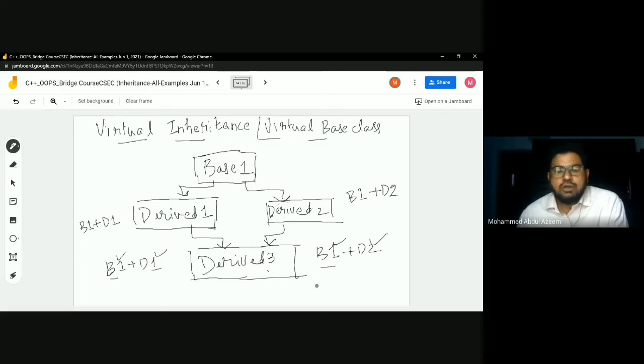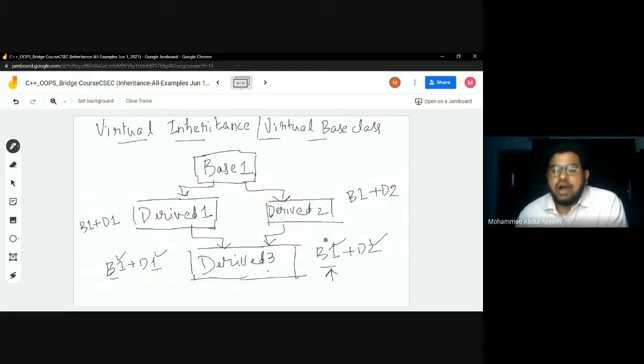If I have 2 copies of the same, it may be treated differently by the system and may lead to some kind of discrepancies while we are executing the same. So I need to remove one of these copies, right? One is enough for me. Base 1 properties have been inherited here with 2 copies, one coming from Derive 1 and another coming from Derive 2. But I don't need those 2. I need only one single copy.